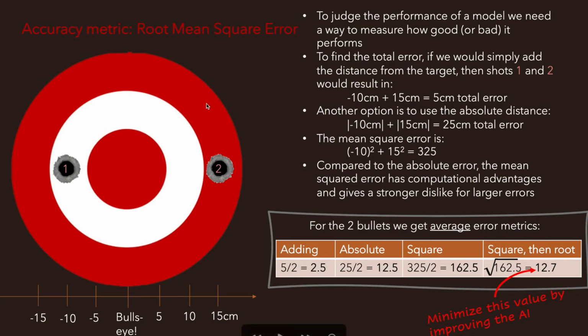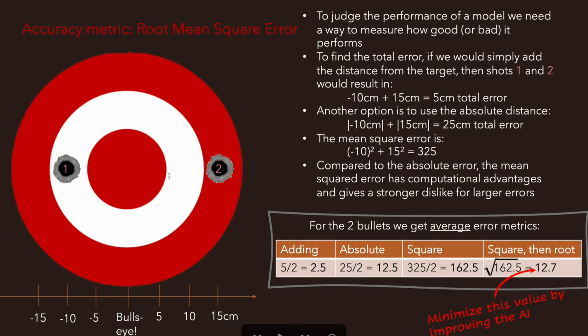Imagine there is this targeting board here and you have two shots. I'm going to say, what's the average accuracy of the shots? One of the shots hits the target at minus 10 centimeters on the horizontal dimension. The other at plus 15 centimeters.